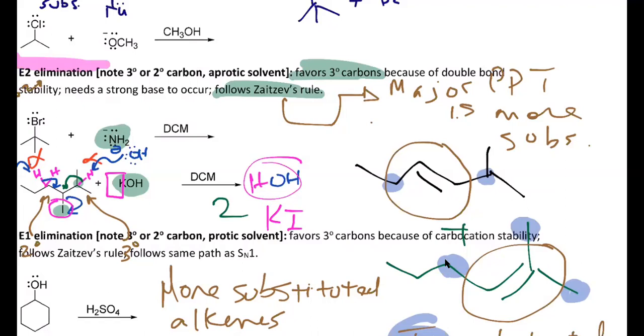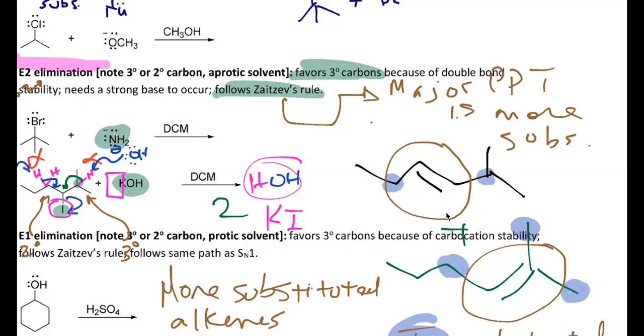Remember we talked about that term product distribution when we talked about doing reactions on pre-existing chiral centers. All right. Any questions about that? I think we should do some examples and then come back to the E1. Because the E1 is not that bad.